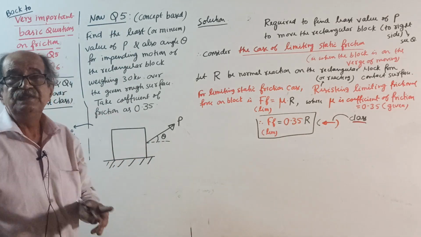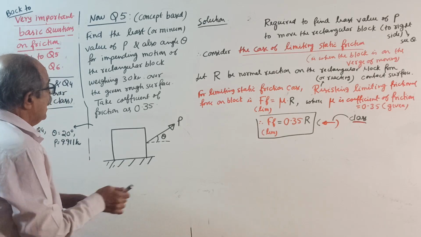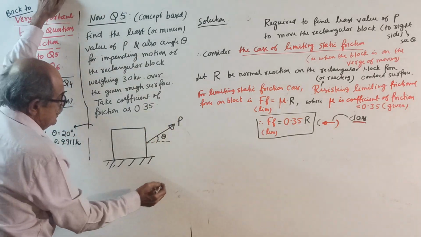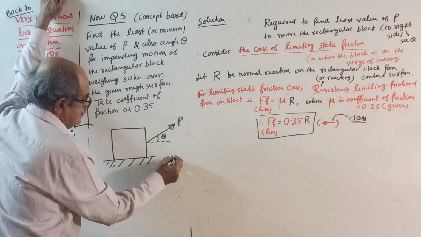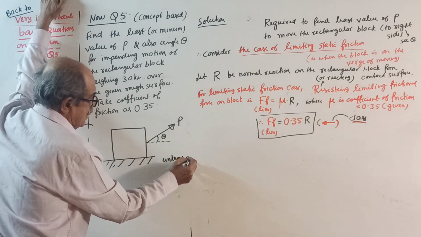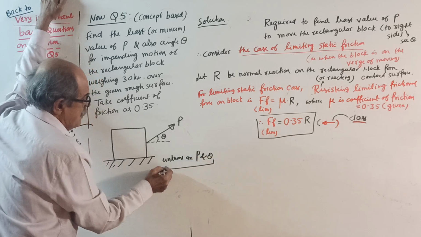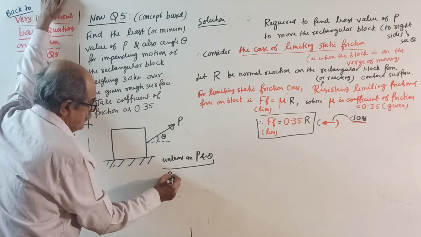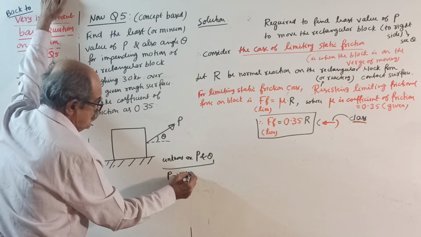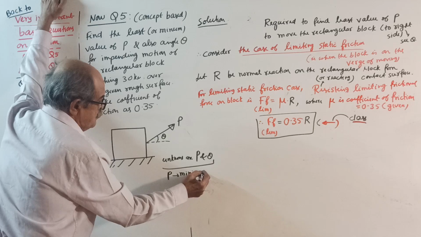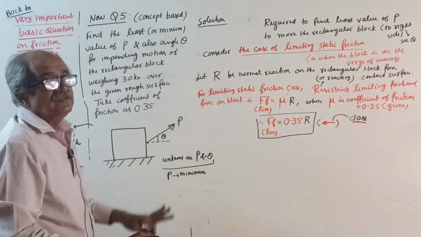That is what they want. So this time, the unknowns are P and theta both. But remember, P should be minimum. Least means less than that P is not possible.